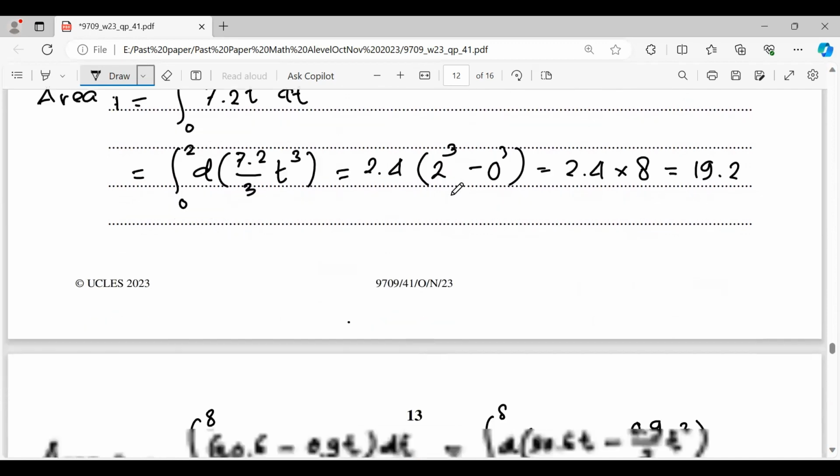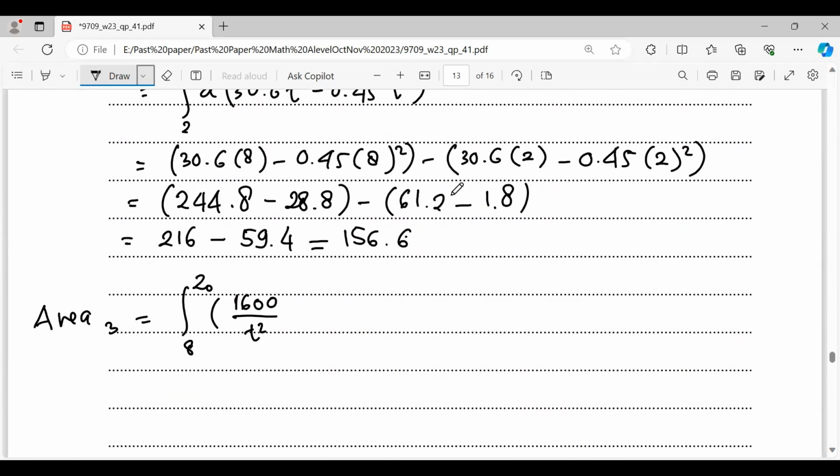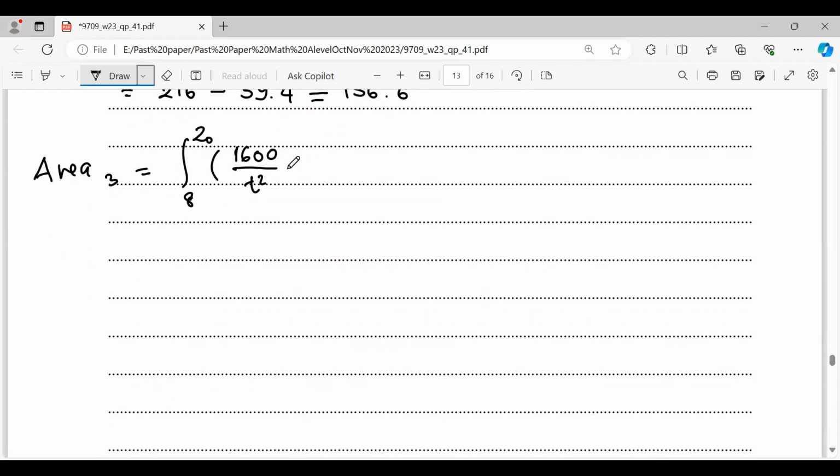Then dt. And the integration will be minus 1600 t to the power negative 1 minus 0.2 over 2 t squared.